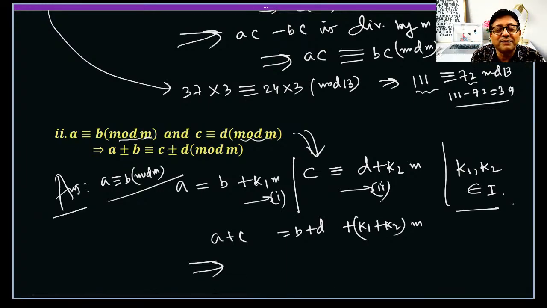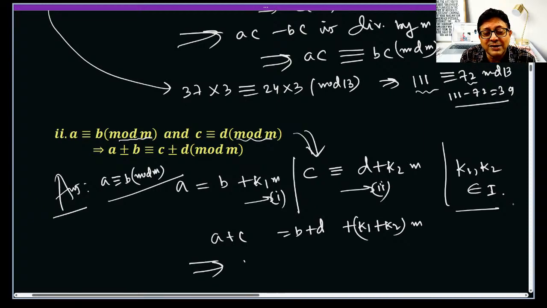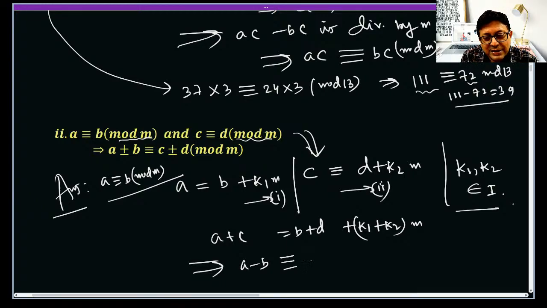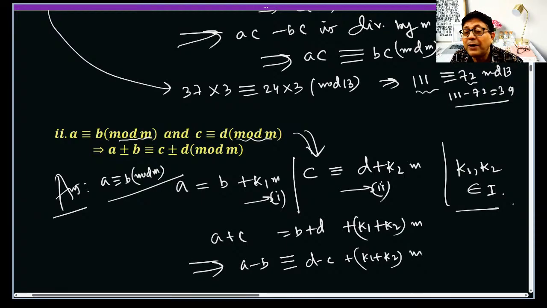Okay, the second proof I am giving you now. We can write that A minus B congruent with D minus C plus K1 plus K2 into M. This is also true if you add two equations. Otherwise, there is a method I can show you, that we can add B on two sides.